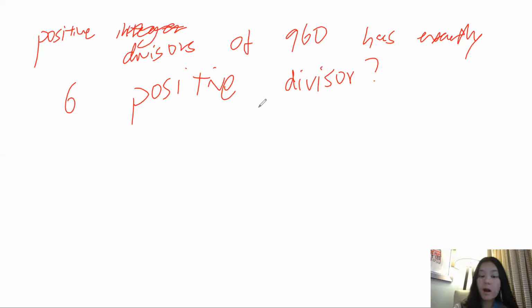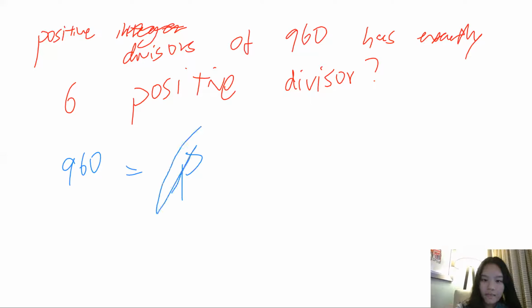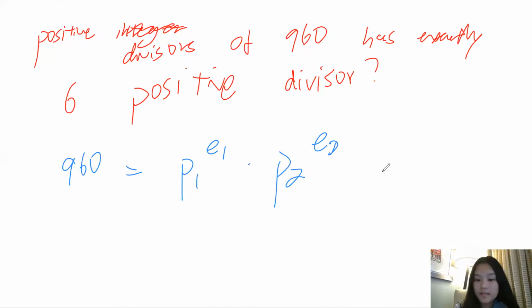What do we know about positive divisors of 960? You know that it must be like this, the prime factorization of 960. And what you know is that the exponent of the positive divisors has to be less than this, but greater than 0.